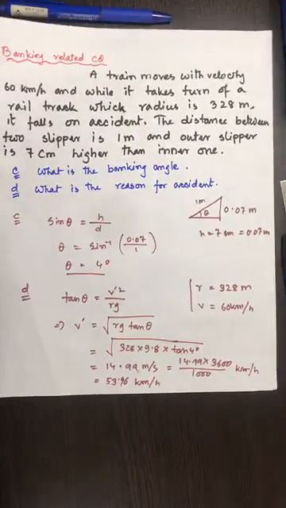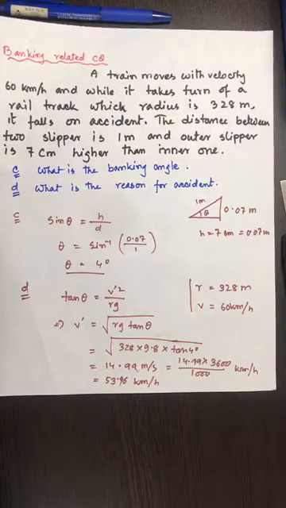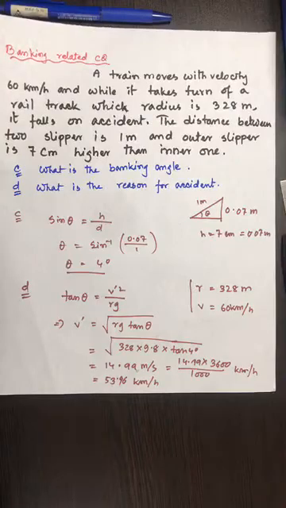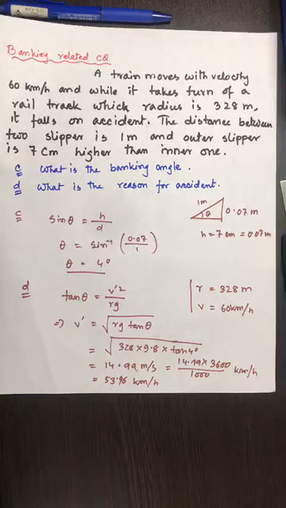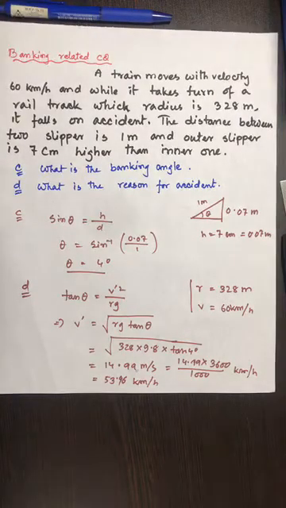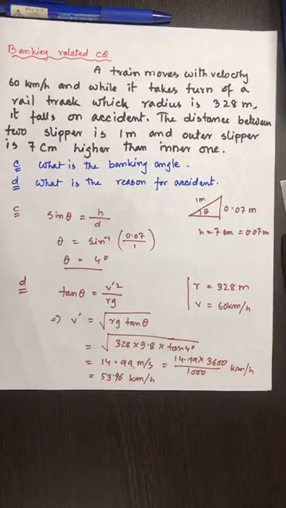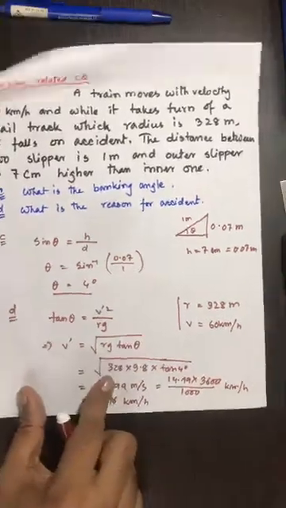Actually the mass-oriented banking-related problem is very simple, but you need to find out what they are giving: the radius, that is the length of these two rail lines, the banking angle, and also what height they are. You need to be very careful. I think you can do it very well. It's very simple. The problem is sometimes this comes in radius of gyration. Okay, I'll go through another one.